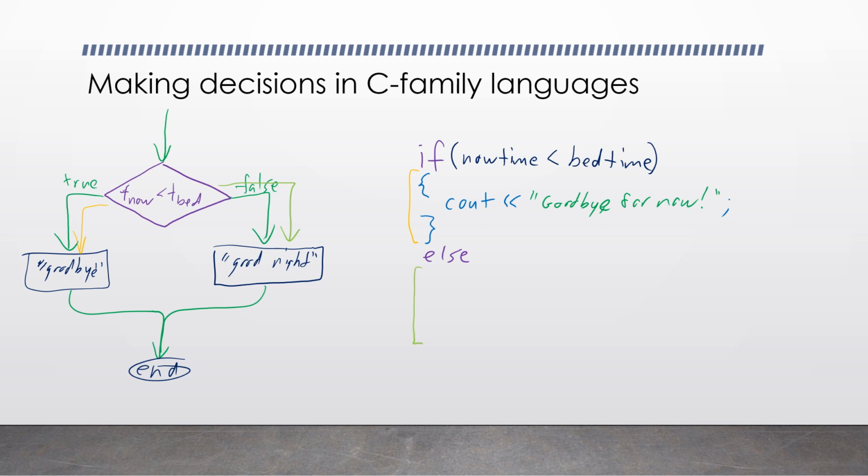So we need to write that code right here. So we put another set of curly braces to mark off another block of code, and this time we're going to cout "good night, sleepyhead."